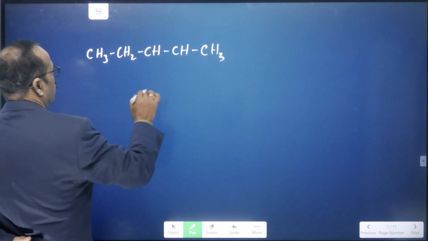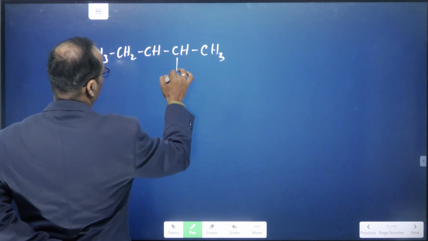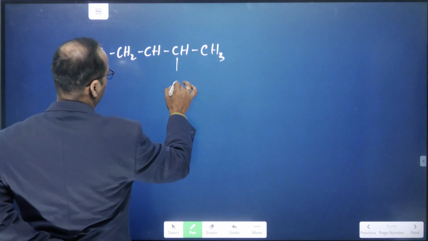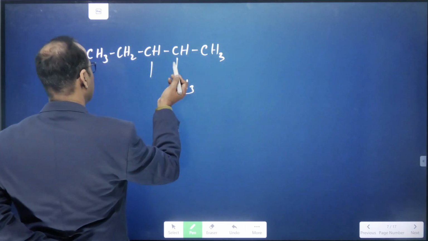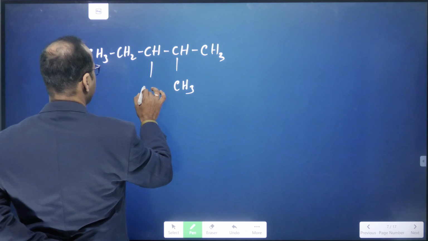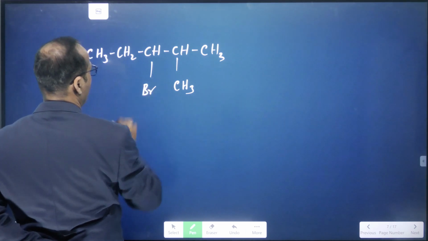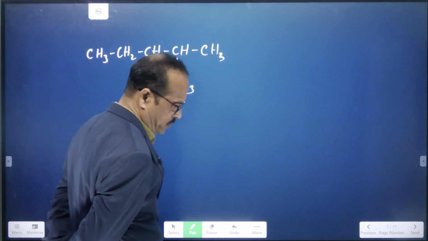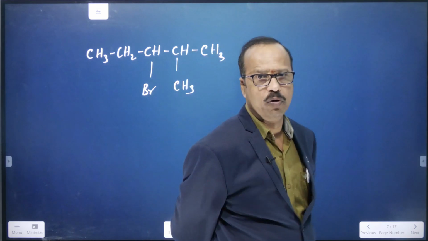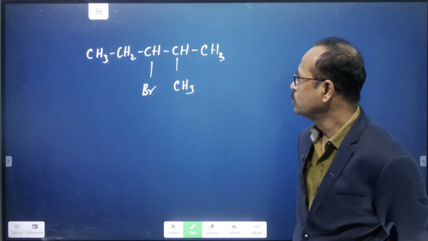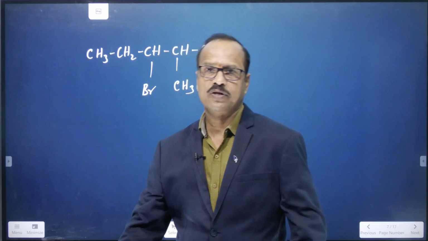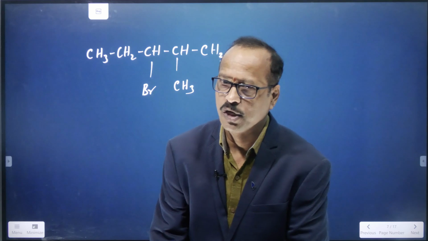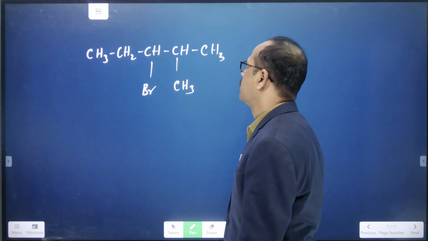Now to these carbons I'll add one CH3, and I'll add some other element called bromine. Now here I have one compound. I want to give the name to this compound. Come on, start giving the name. What is the first rule? Long chain rule.